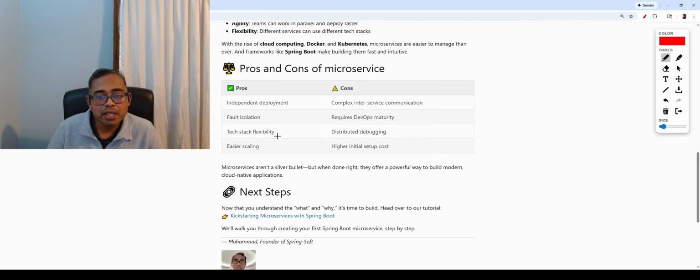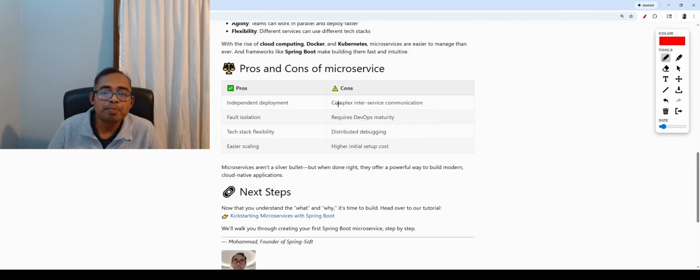Tech stack flexibility: you can use different programming languages to build different services separately. And easier scaling: you can scale the exact service that you need to scale, and you can have different numbers of instances of the services you want to deploy.